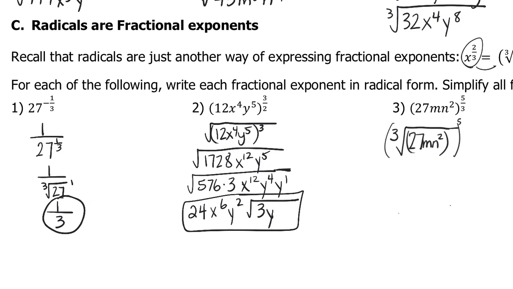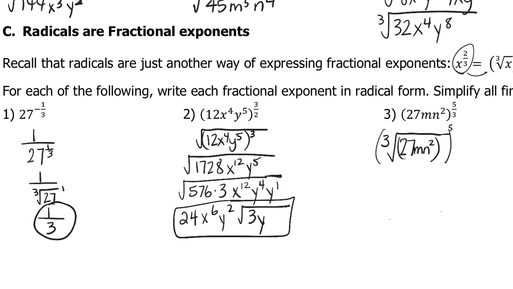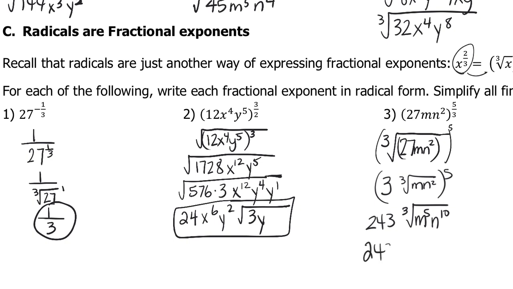Okay, so then that means that my 3 can come out. So this will become 3, and then I'll have this mn squared to the power of 5. Now I have to go 3 to the power of 5 is 243, so that's on the outside. And then this power of 5 here, I'm going to have to apply that to the guys on the inside. So I have m to the 5, n to the 10. And now I can break those down. That was a little trick that I did just to avoid the huge number of 27 to the power of 5.